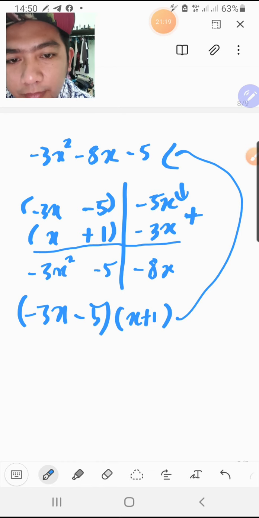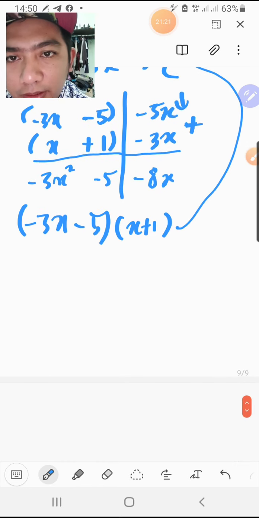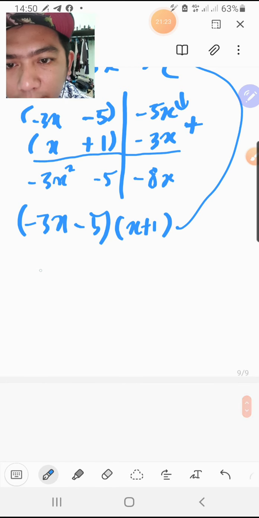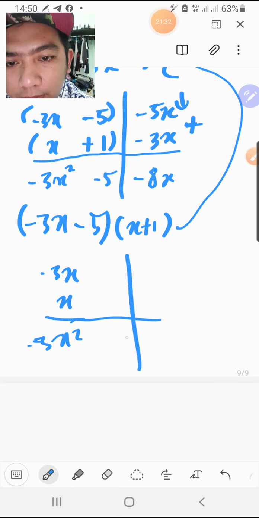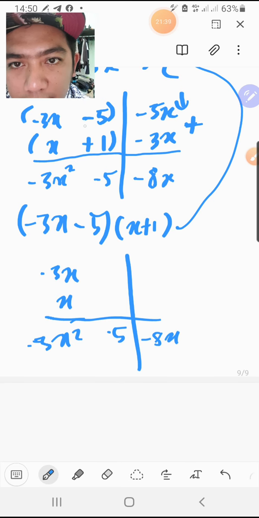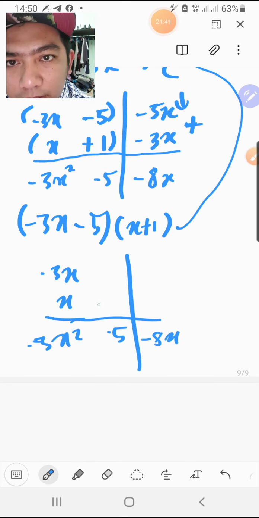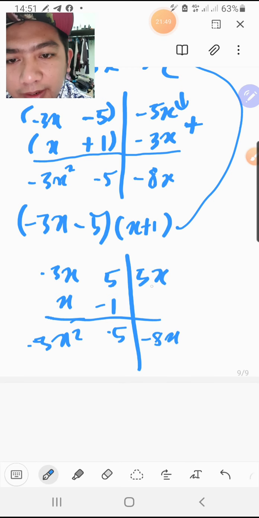Tapi apa jadi kalau kita ambil begini tadi, negatif 3X X kan, negatif 5. Let's say tadi kita letak negatif 2 dekat 5. Apa jadi kalau kita letak dekat negatif 1? Okay, 5 ini dia jadi positif. So X times 5, you akan dapat 5X.